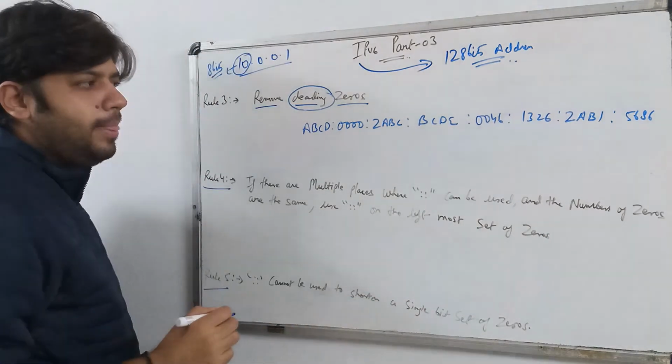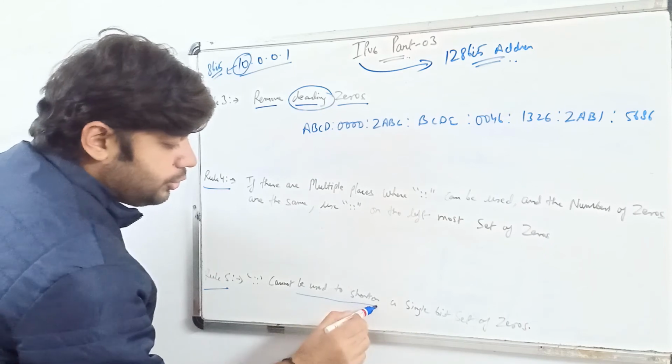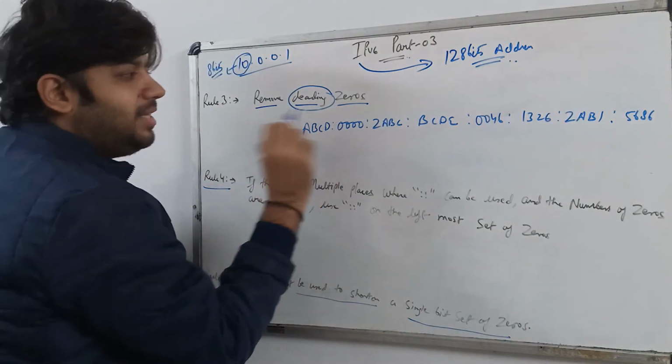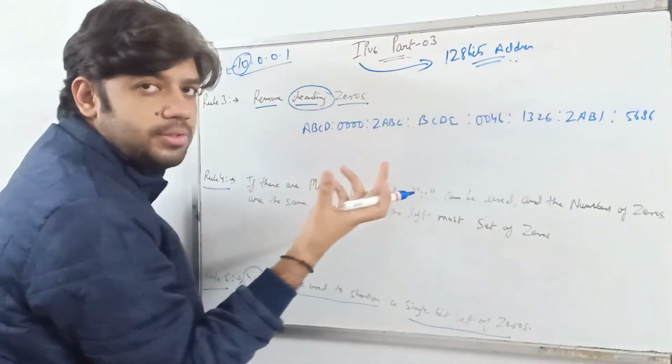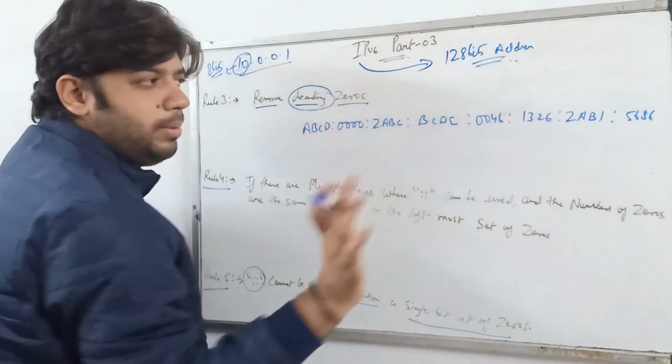Like this. The double colon cannot be used to shorten a single set of zeros. We are not able to use it in this IPv6 because we have only one set of zeros. There are no two consecutive zero sets. We need a minimum of two consecutive sets of zeros to use the double colon.